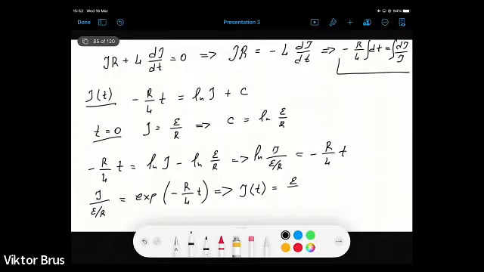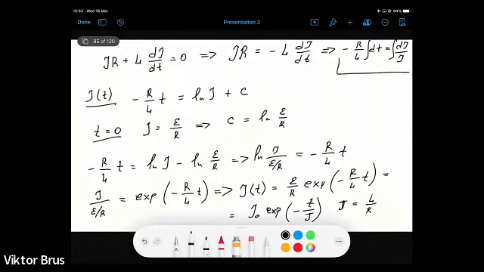So that is epsilon over R times exponent minus R over L times T, or in other form, it can be I naught, this maximum value of electric current, times exponent minus time over tau, the time constant of the RL circuit, which, as you remember, tau is equal to L divided by R, inductance divided by resistance.